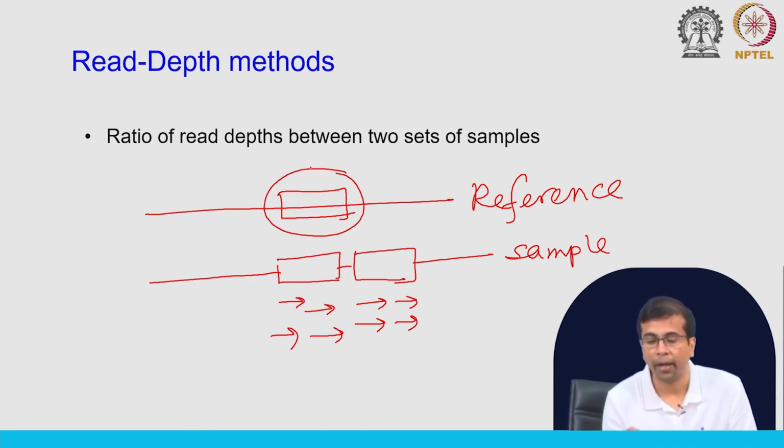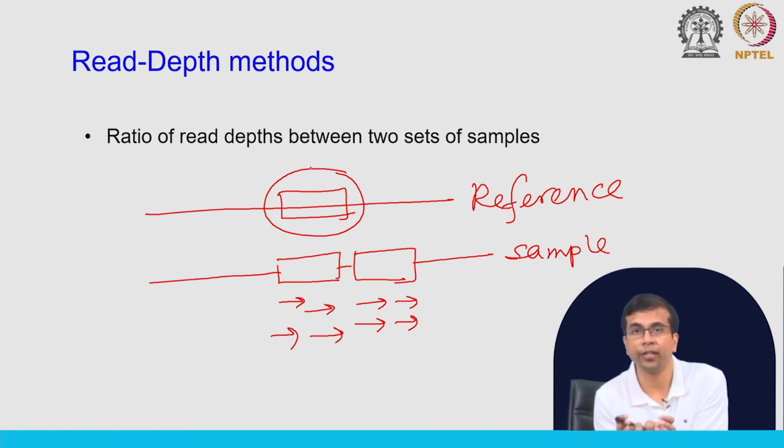If you now compare the read depth in the reference versus the sample, you will see that the sample has more read depth, because you have two regions generating reads that map to the same location in the reference genome. So, by identifying this change in read depth, you can say there is an increase or a decrease in copy number.